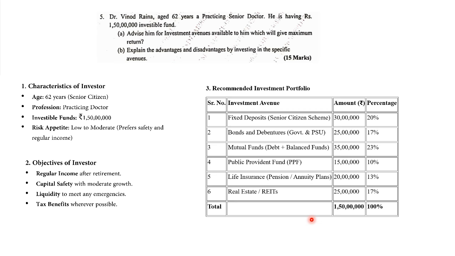So these are the first 3 steps. We mentioned the characteristic, we gave the objective, and we gave a recommended investment portfolio. So you all can note down this first. Thereafter, for whatever investment avenues we have provided, we need to explain them with some merits and demerits.